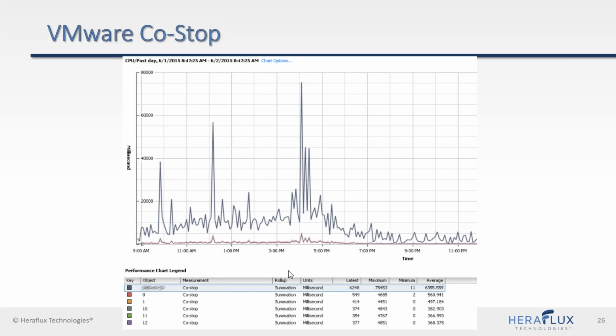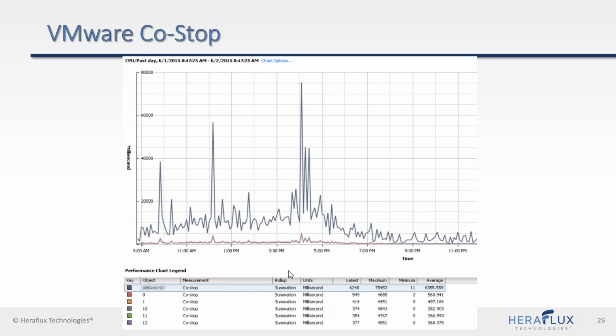What Co-Stop is: if the hypervisor detects that the operating system needs to run something in exact parallel on multiple threads, or that the hypervisor CPU schedulers are a little out of balance for all vCPUs on a VM, it'll actually pause some of the vCPUs to let the others catch up. And ordinarily on a normal environment, you might see a blip of 1 millisecond, maybe once or twice an hour.